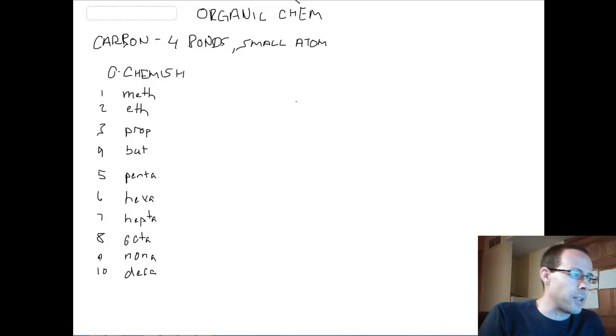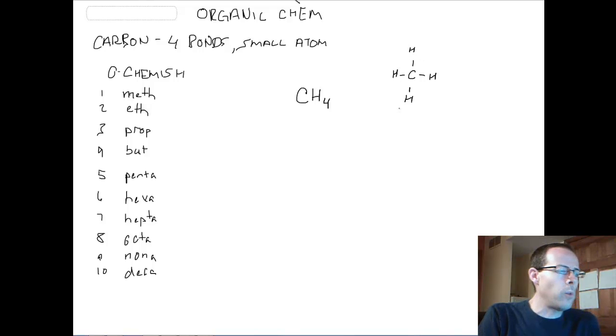So the way this works with naming is if we had a compound that looked like this, CH4, we might draw the structural formula like this, C with 4 H's around it. The "meth" tells us that we have one carbon in a row, and if we have a bunch of single bonds, we have what's known as an "ane" family of hydrocarbon.